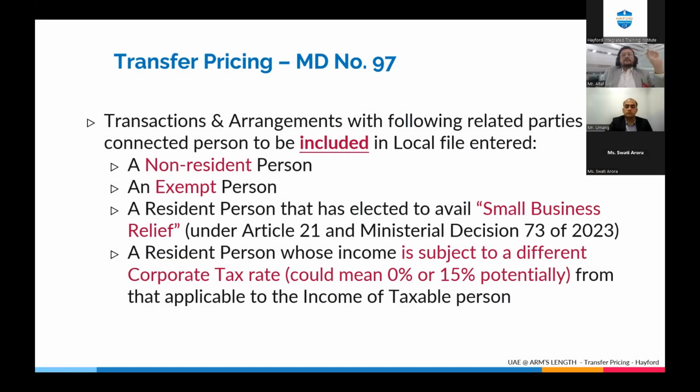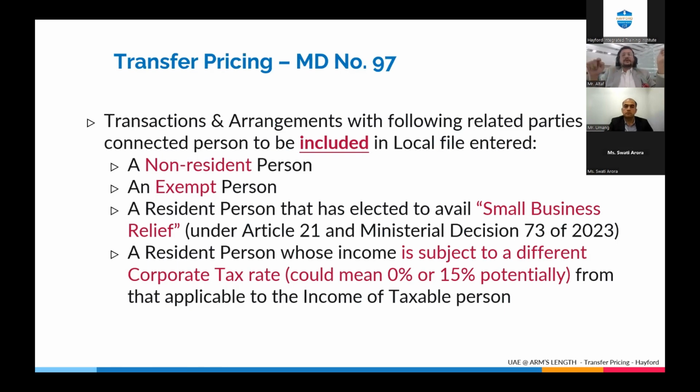Now, transaction arrangements with the following related parties or connected persons are to be included in the file. Which ones are those? A non-resident person, and an exempt person, and also a resident person that has elected to avail small business relief. Although SBR is a kind of relief that is given, any transaction with those persons will need to be included in the local file.